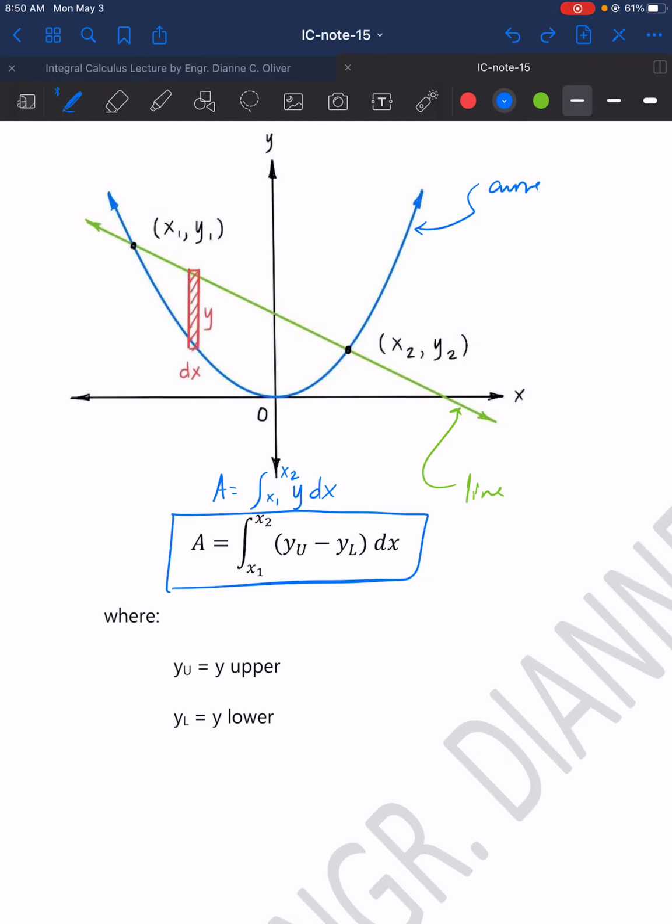The y upper pertains to the line, so the equation of the line.